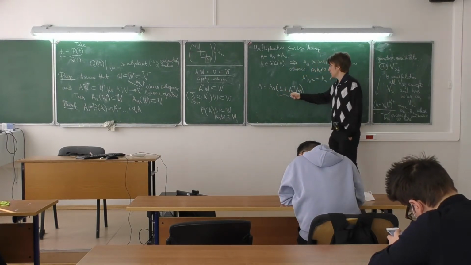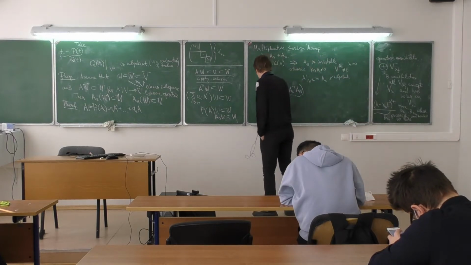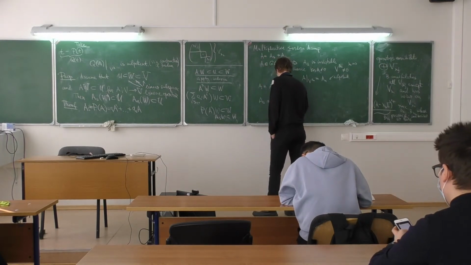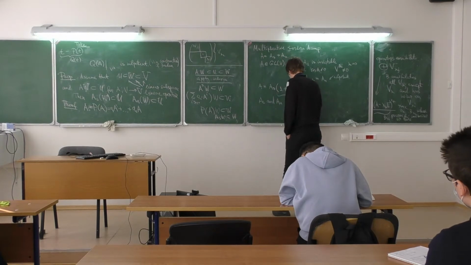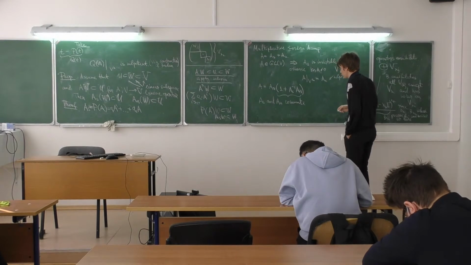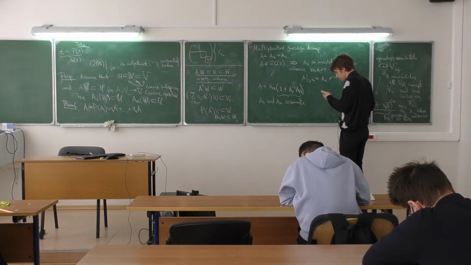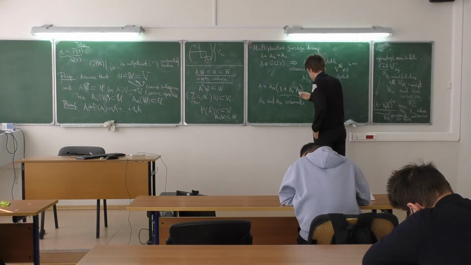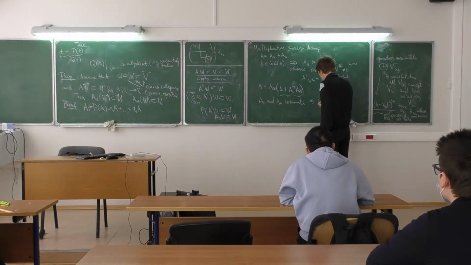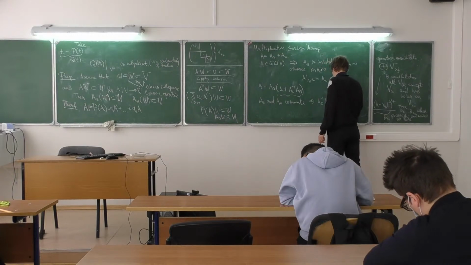So clearly, we know that AS and AN commute. Then you notice that this implies that this operator is also nilpotent. Yes, so that AS inverse AN is also nilpotent.